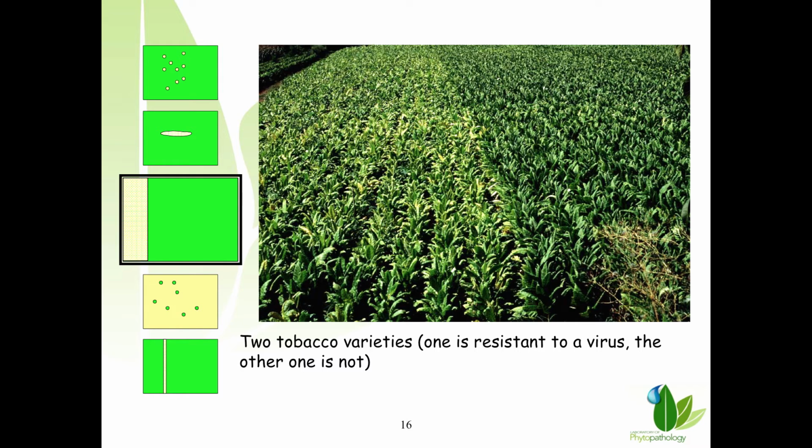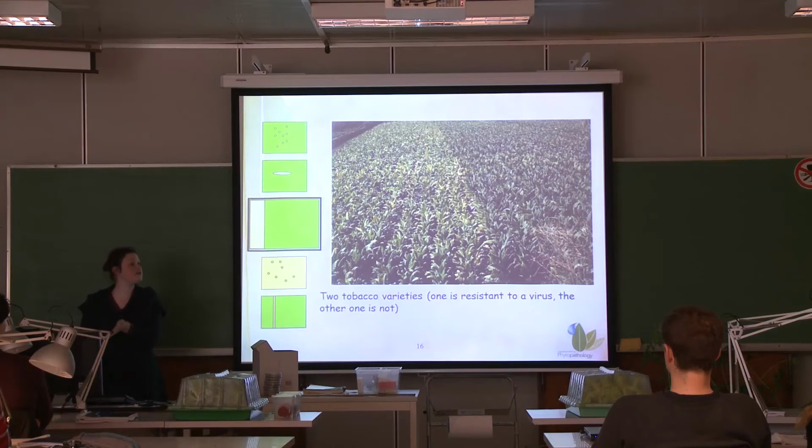So it can be a sensitive variety planted just beside a resistant one, or maybe a machine applying fertilizer or phytosanitary treatment that had a dysfunction, and there was an excess of product on one band only.